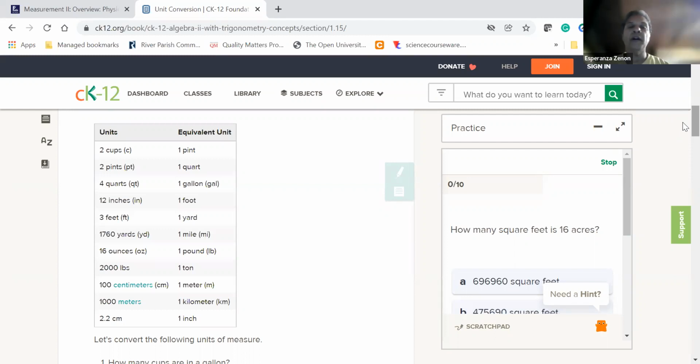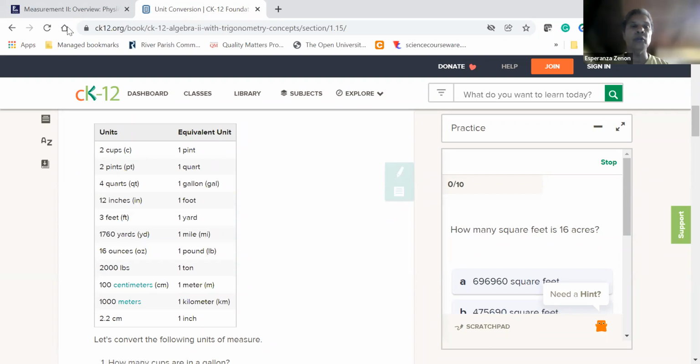Now, for my class, if you're working a problem on an exam, for example, and you need some type of conversion factor, it will be provided for you, or you will be able to utilize a conversion chart of some type to help you.